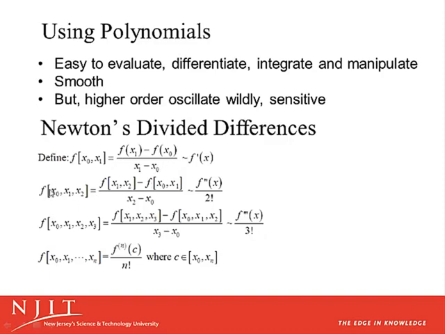And then if we have more than 2 points in our bracket, we take the rightmost. If we have 3 points, we take the right 2 minus the Newton's divided difference with the left 2 and divide by the last number minus the first number.